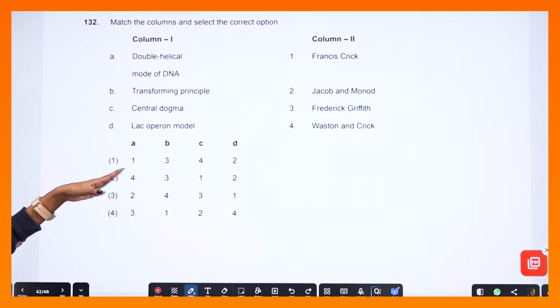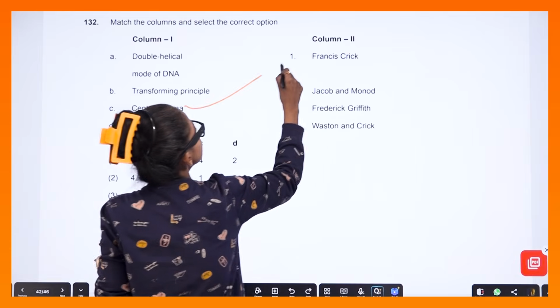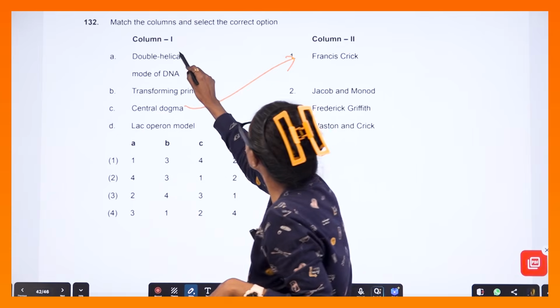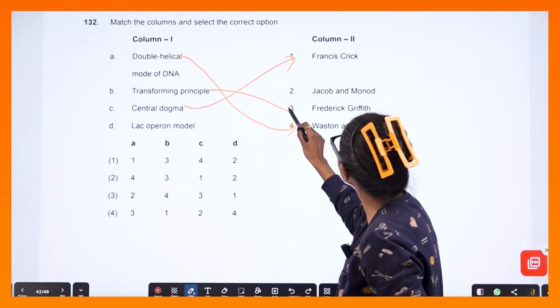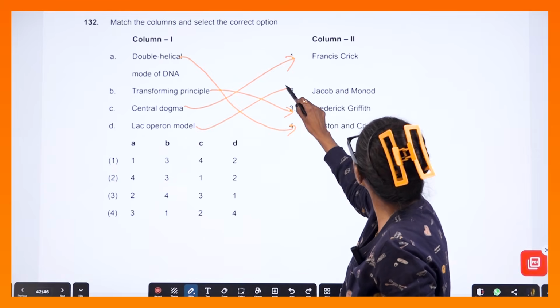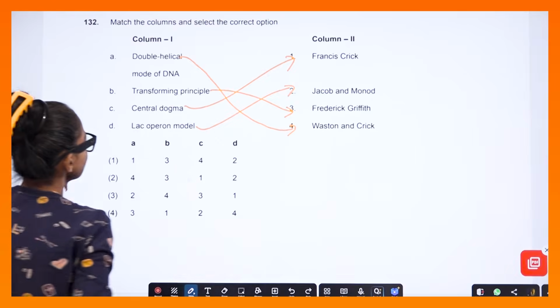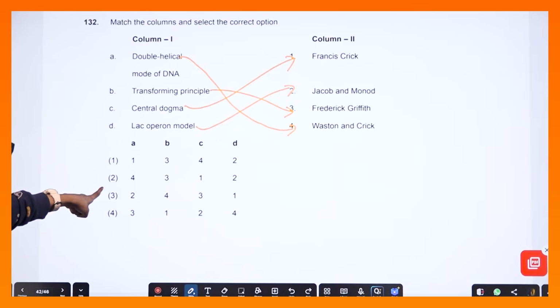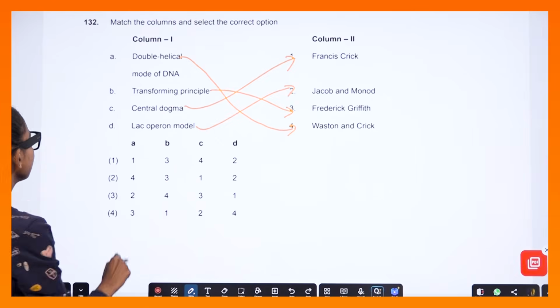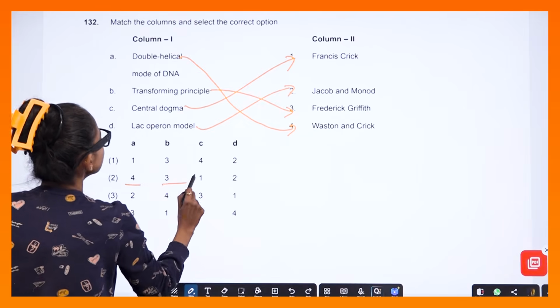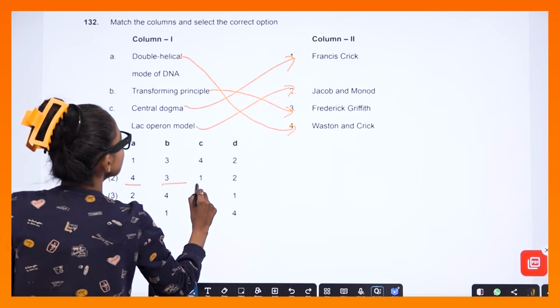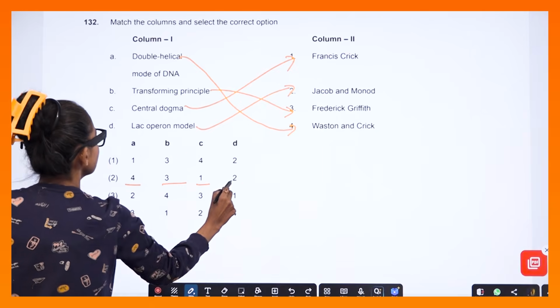So I think this is easy based on the names of the scientists. Central dogma, Francis Crick. Double helical model of DNA, Watson and Crick. Transforming principle, this. And lac operon, Jacob and Monod. So double helical model of DNA, A4, B3, Frederick Griffith, central dogma, Crick, lac operon, Jacob and Monod.